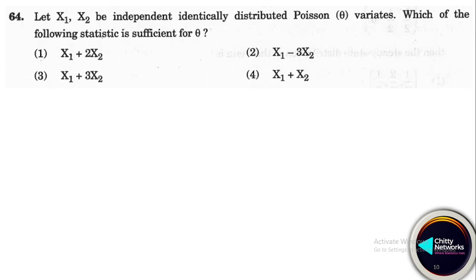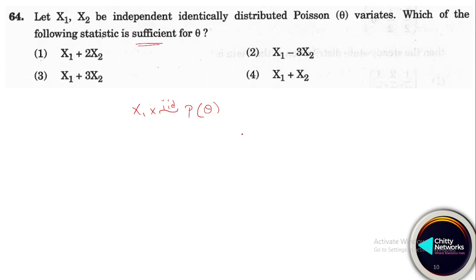Question number 64. Here the question is about x1 and x2, which are independent and identically distributed as Poisson variates. The parameter is theta. Which of the following statistics is sufficient for theta?